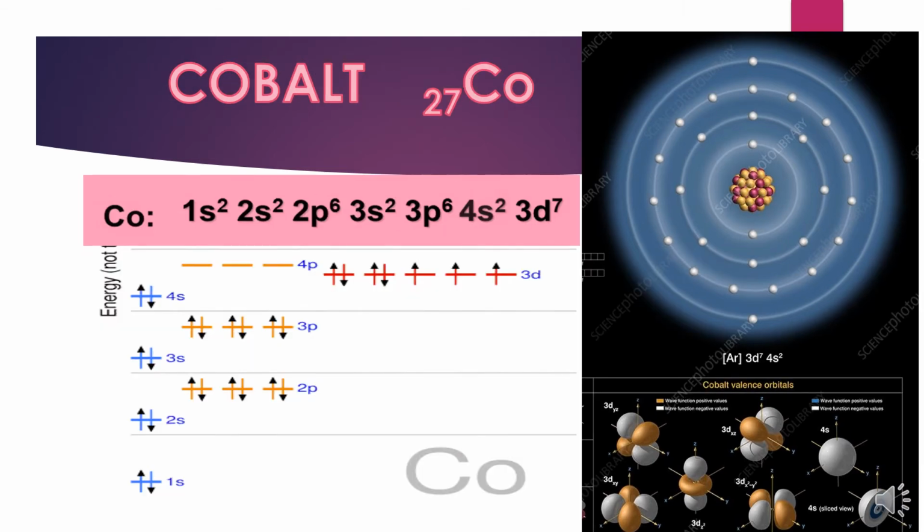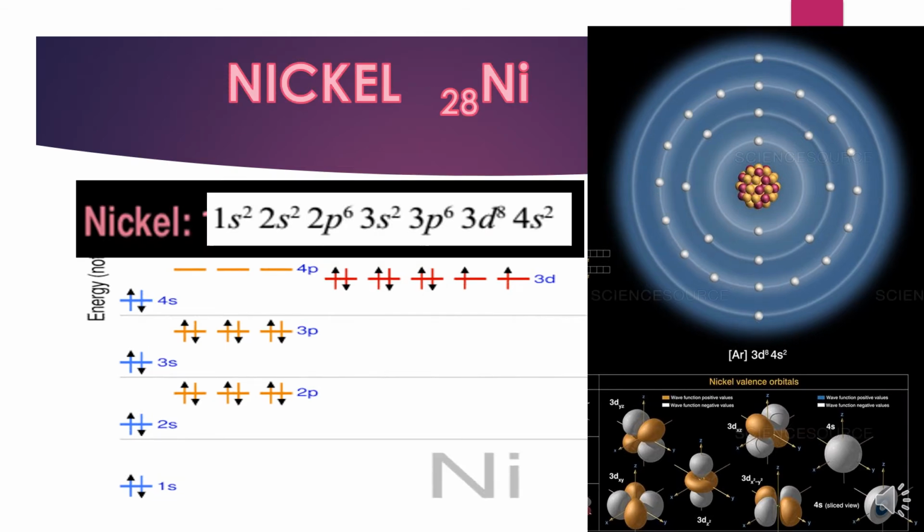Next is cobalt. In cobalt you can see that 27 is the atomic number, and the next 7 electrons will be there in 3d. So its electronic configuration is 3d7 4s2. Nickel, atomic number 28, 8 electrons will be there in the d subshell, and it will be 3d8 4s2.